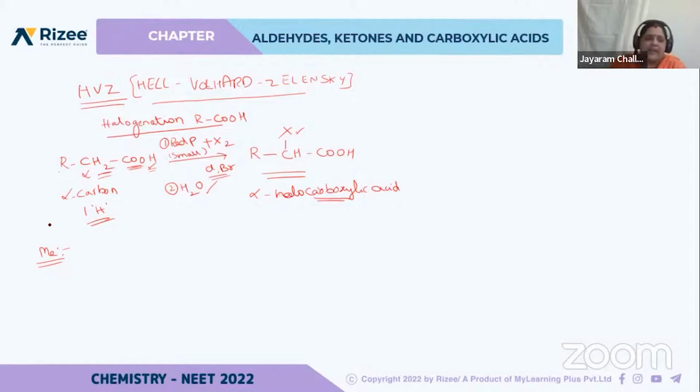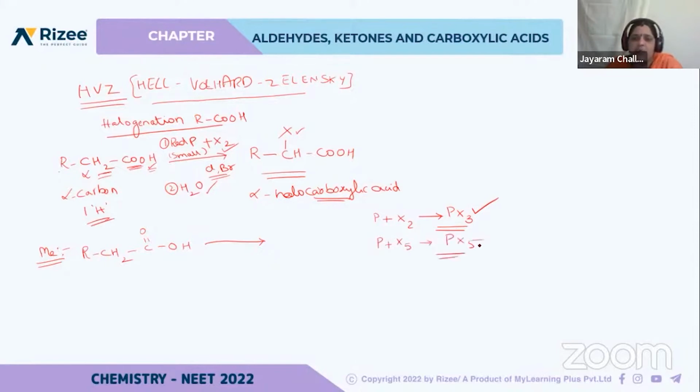So now let's take the mechanism one by one. Our carboxylic acid is RCH2C double bond O OH. Now what are we going to use here? Red phosphorus plus halogen. If we take PX3, that is phosphorus trichloride, trihalide, or otherwise if we take PX5 also, phosphorus pentachloride, pentahalide.